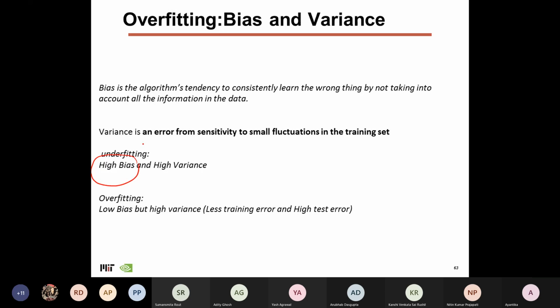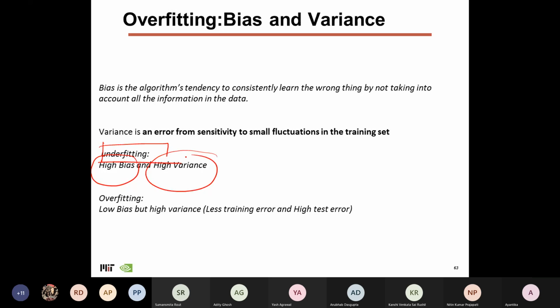And if training is not proper, you will get a significant amount of error in the testing phase also. So we are mapping this variance with our testing error, and that time we will have high variance also. Now, when we have both high bias and high variance, this scenario is called underfitting.